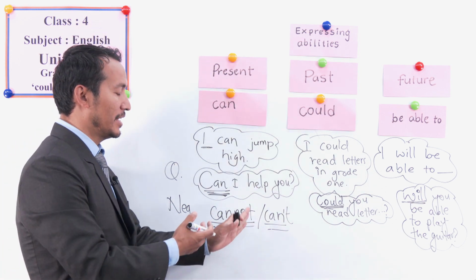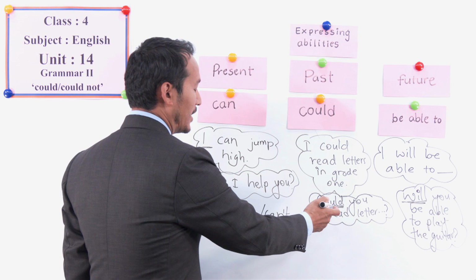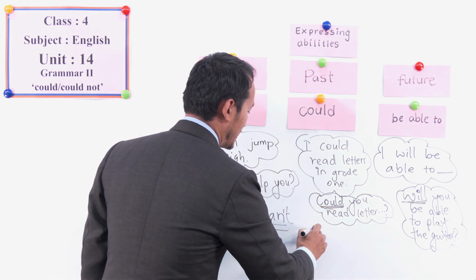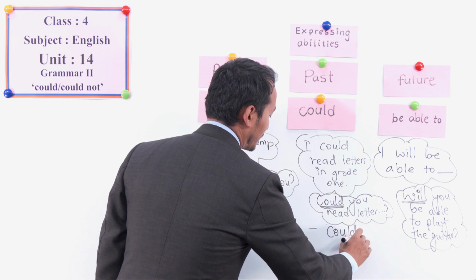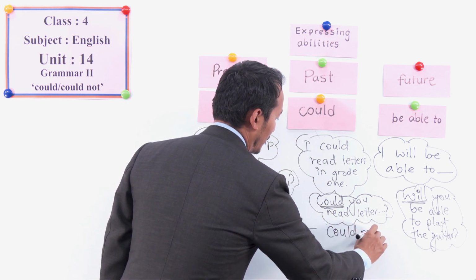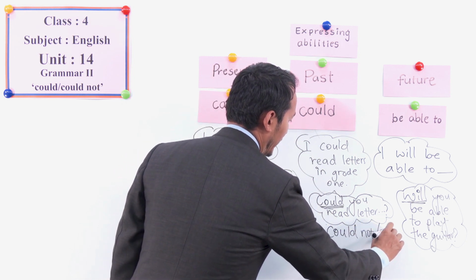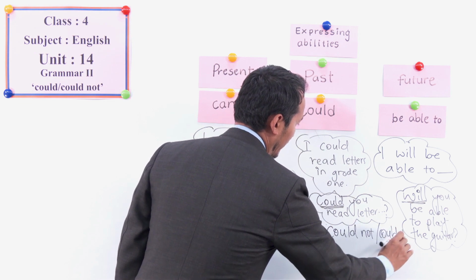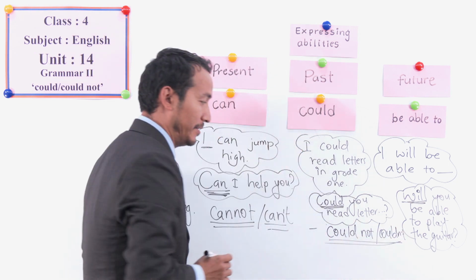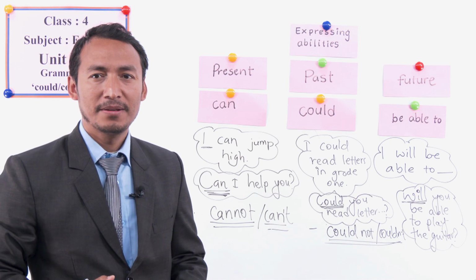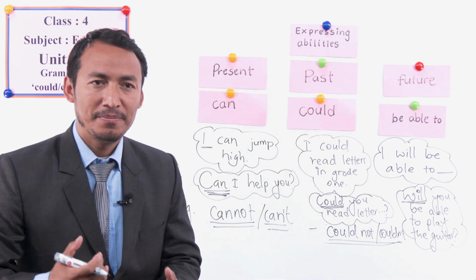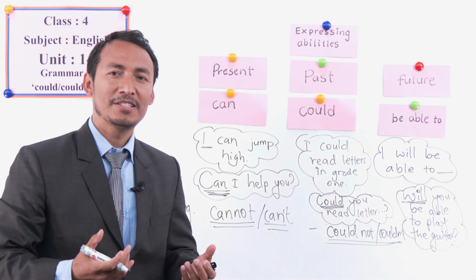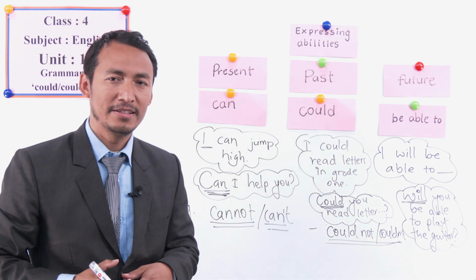Okay, likewise, if you want to talk about your inabilities in the past, you can say I could not or couldn't. Could not or couldn't together. Okay, so you can say I could not get A plus in my earlier grade.